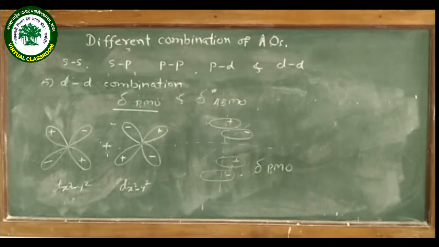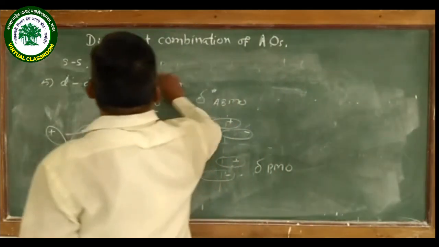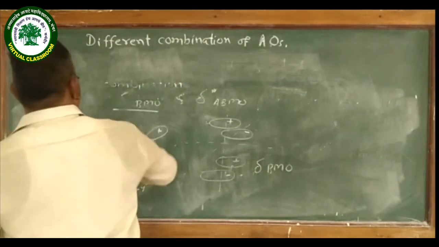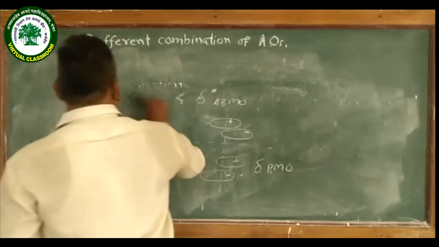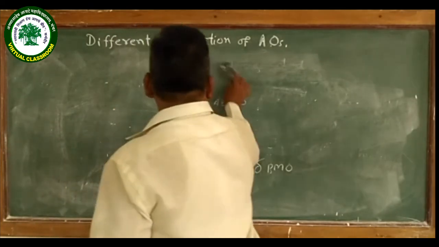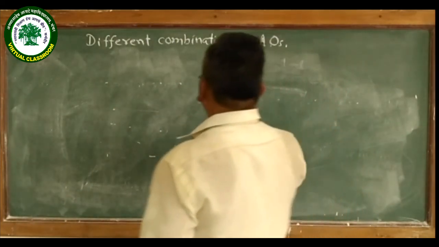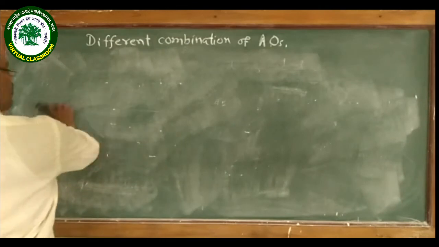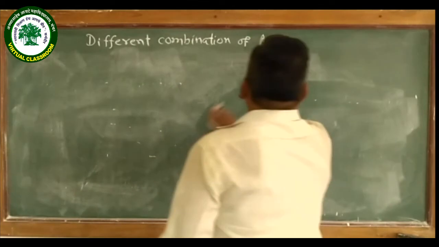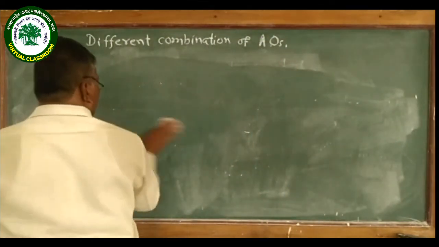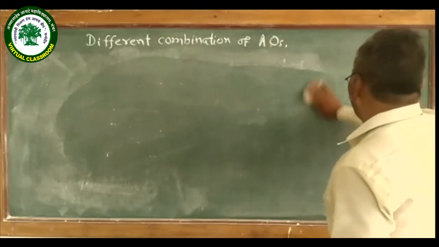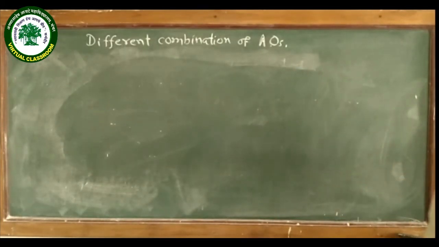If the overlapping atomic orbitals are of lower energy, or if the overlapping atomic orbitals have not proper symmetry, then such kind of atomic orbital will lead to the formation of non-bonding molecular orbital. So in non-bonding molecular orbital, the plus plus and plus minus overlap is also there simultaneously.